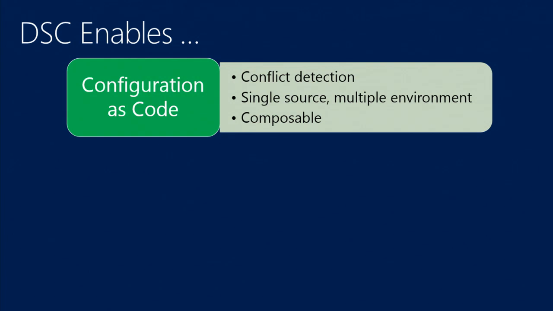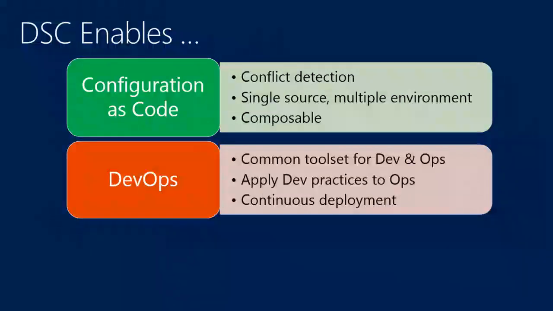Similar to compilation, you can detect conflicts before deploying them, and as we saw, there can be a single source for multiple environments. And DSC enables DevOps. You can check in your configuration along with your application source code. So every time there is a continuous deployment happening, you know which version of the configuration corresponds to which version of the code.